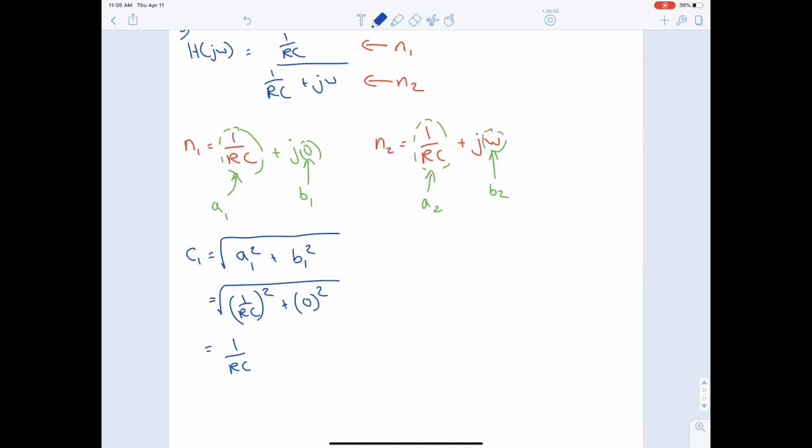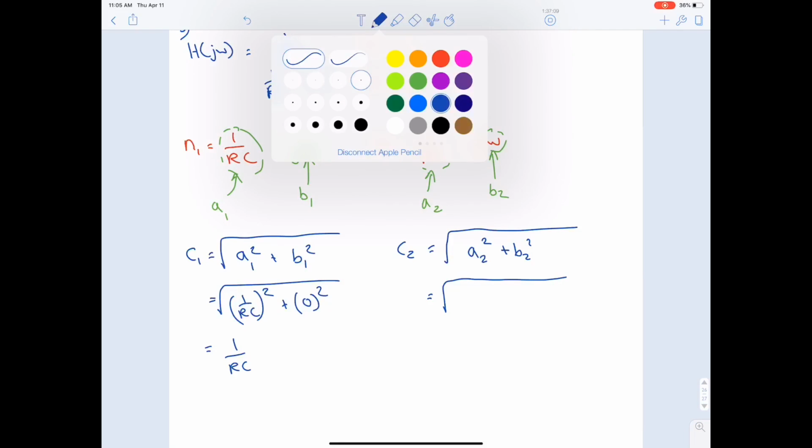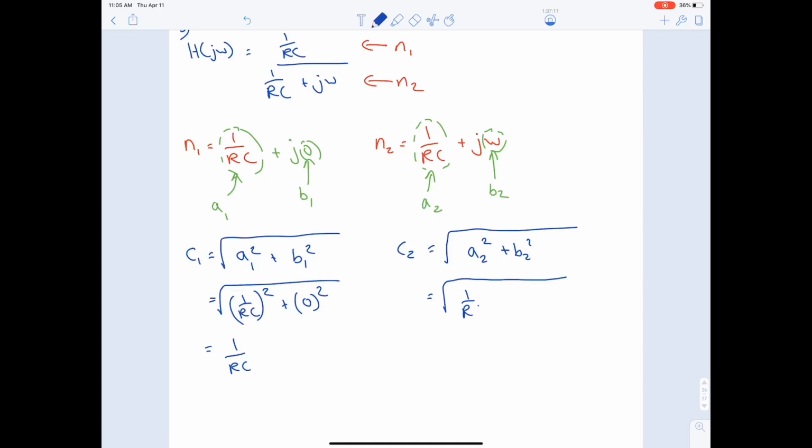Okay, moving on to C2, it's the square root of A2 squared plus B2 squared, which is equal to the square root of 1 over RC squared plus omega squared. Okay, this is C1 and C2.